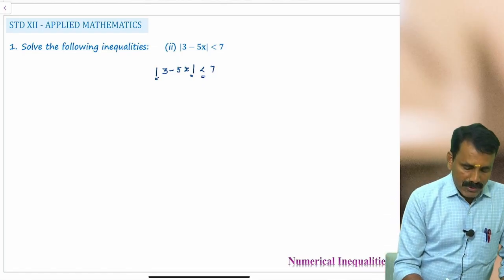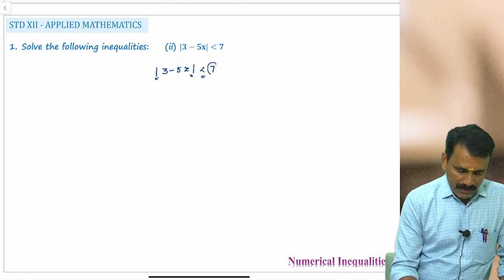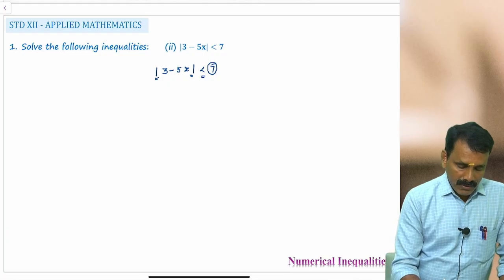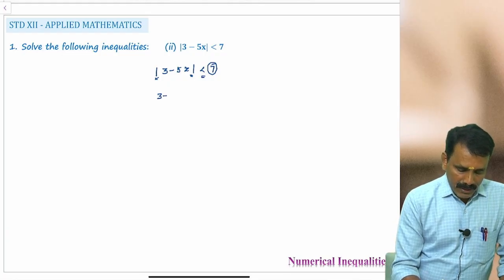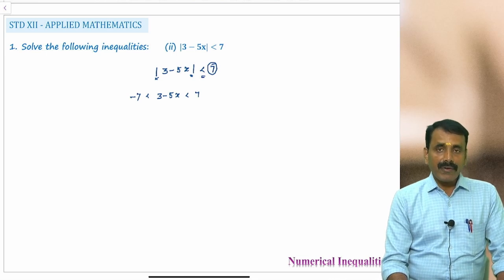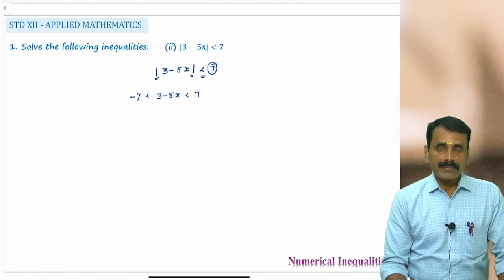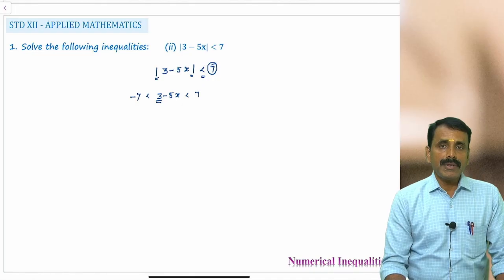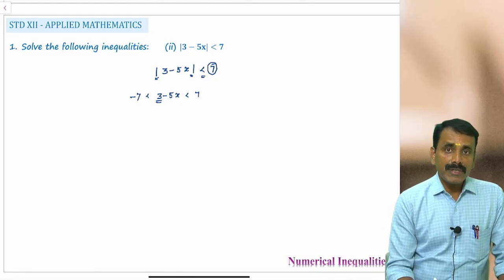So how to start the solution? Since we have 7 and the inequality is less than 7, we write 3 minus 5x lies within plus 7 and minus 7. So minus 7 less than 3 minus 5x less than 7. We are supposed to find the value of x. For that, first we must eliminate 3 by adding its additive inverse, minus 3.